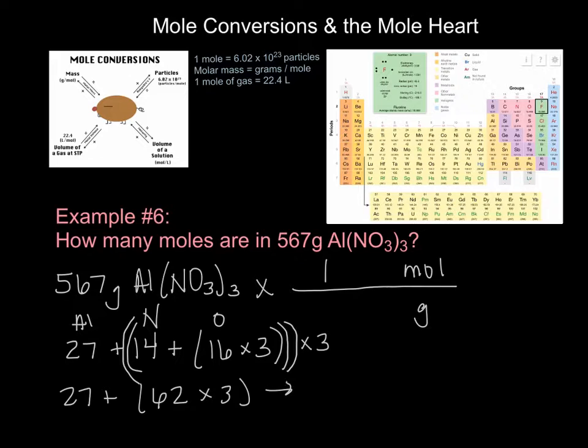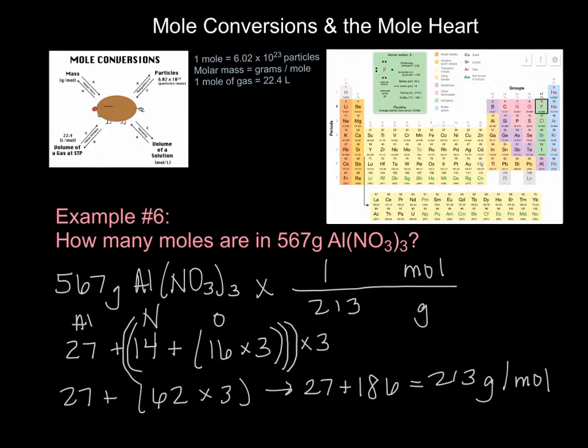So I have 27 plus 186. And I get 213 grams per mole is my molar mass of aluminum nitrate. So this is 213 grams.